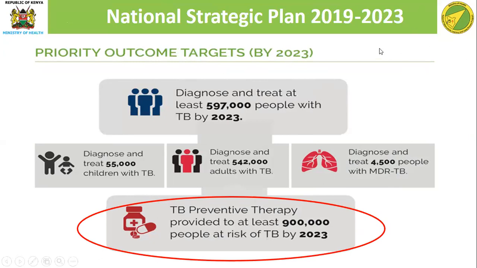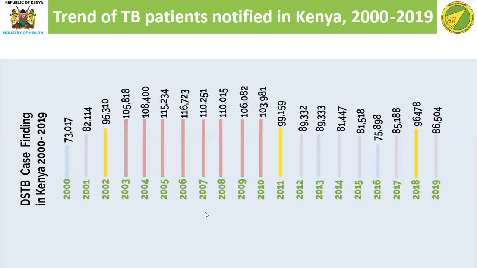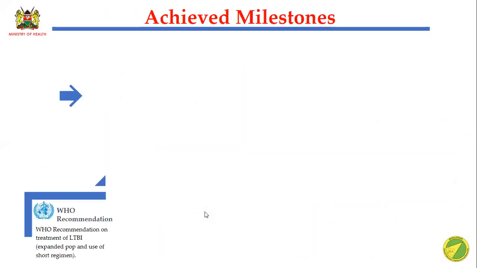But now they've been categorized into children, adults, and also DRTB. But why we're doing this is because of the second group. We also have a target of offering TB preventive therapy to about 900,000 people who are at risk, for TPT. Okay, we'll skip these trends because Boru has elaborated much on them.